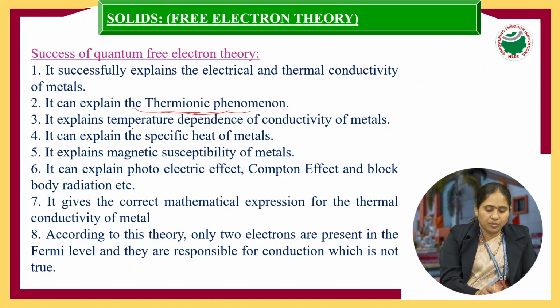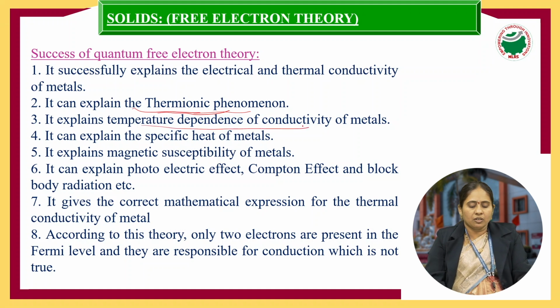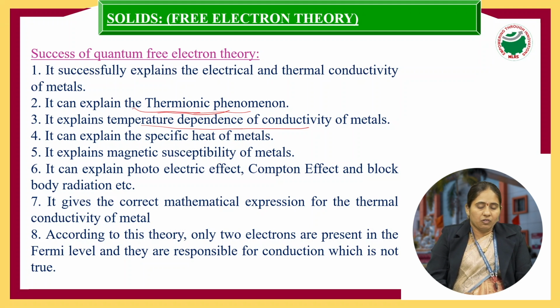And next one, temperature dependence of the conductivity of metals. How the conductivity of metals depends on the temperature is also explained by the quantum free electron theory. And the correct value of specific heat: there was a discrepancy between the experimental value and the theoretical value, but here we get the exact value of specific heat of metals.